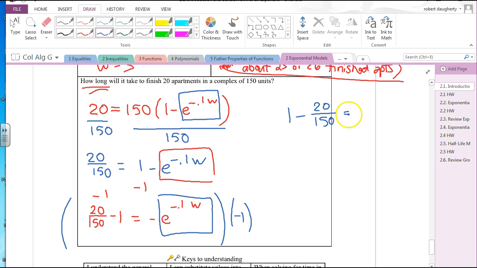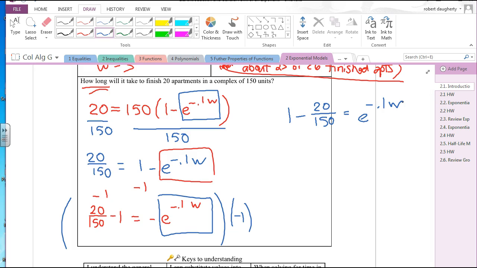What do I get on the right? So I get negative 20 over 150 plus 1, and on the right side I get e to the minus 0.1w. Now, do I have this all by itself now? Well, when you multiply the negative, it doesn't multiply by the exponent. It multiplies by this. Okay.